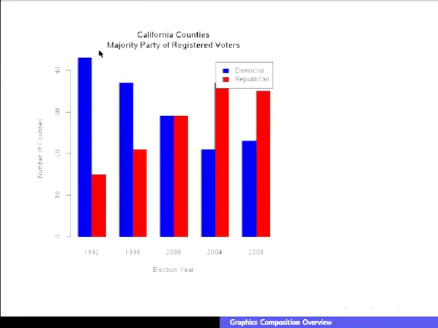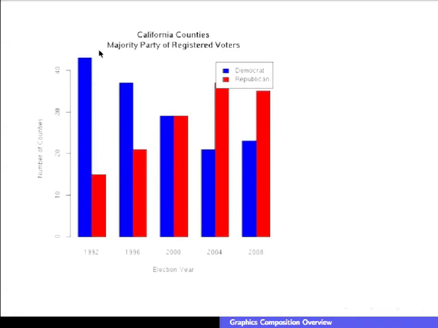So we have the years now. We have an x-axis label called election year. We've got labels below the pairs of bars that clearly mark the particular election year. Blue is for Democrat, red is for Republican, and there's a legend to make sure that that is in fact the case.